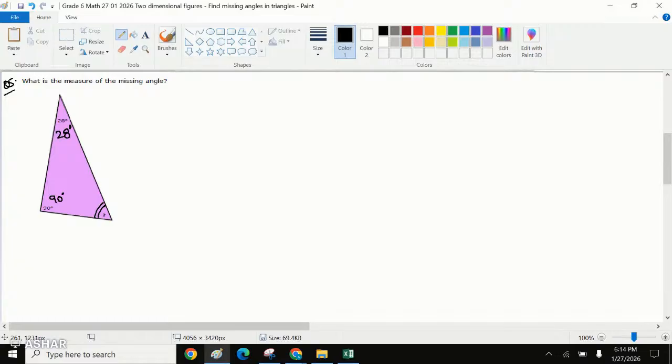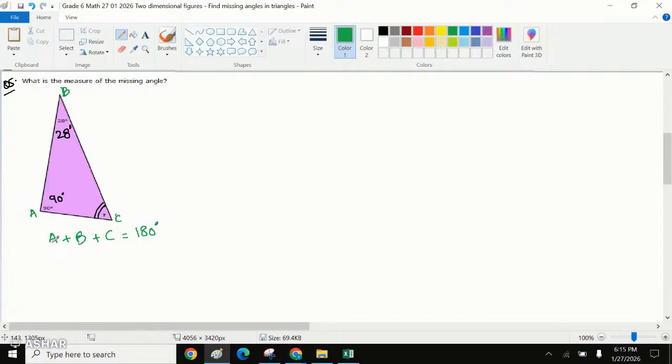So what should be the answer? If I simply label this A, B, and C, we know that the sum of interior angles of any given triangle is always 180.